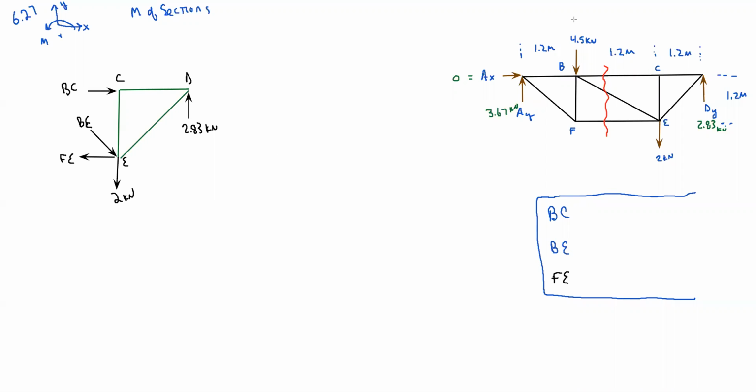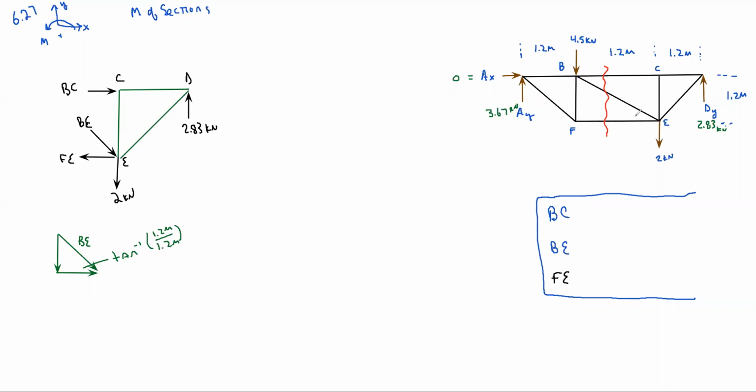Let me change colors though first. There we go. All right, there's BE. Assuming that I have the correct direction, which is not necessarily safe, but I do know it won't matter, the arithmetic will be what it is. This is the inverse tangent of 1.2 meters divided by 1.2 meters.